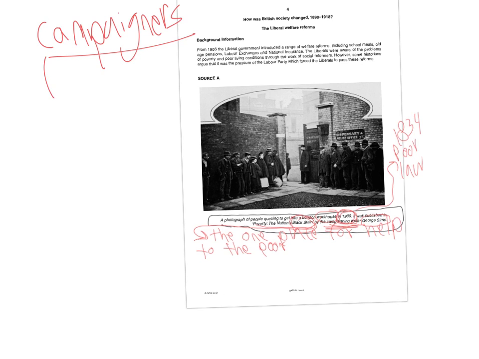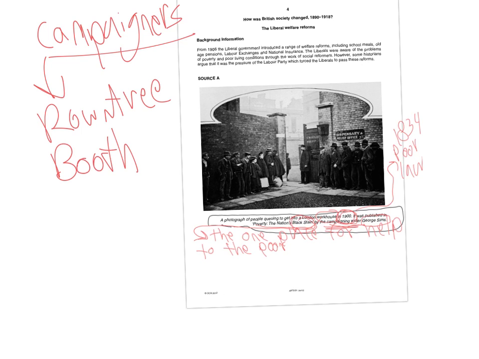We've got Roundtree, and we've got Booth. Booth is in London, Roundtree's in York. Now, of the two, Roundtree's probably the most famous because he comes up with the poverty line. But at 1900, both have not published their books yet, but their investigations are known. They've been doing it for many years. Now, that should be enough knowledge for you to add into a question.